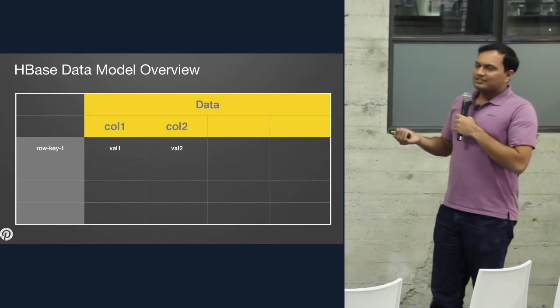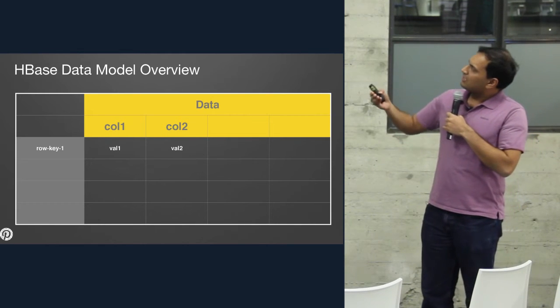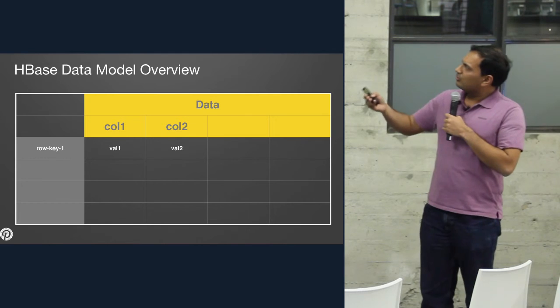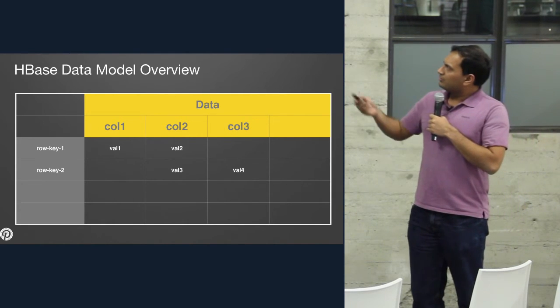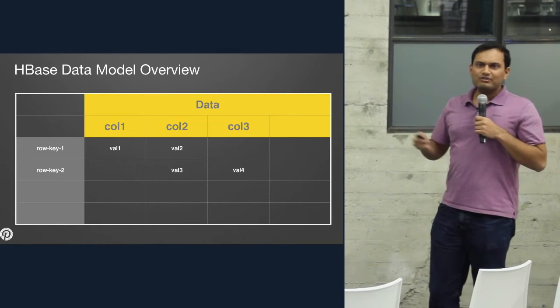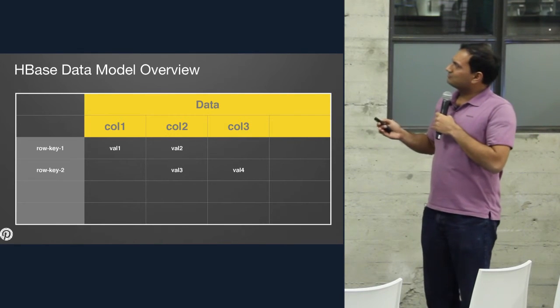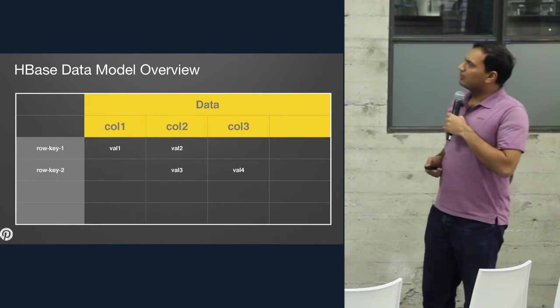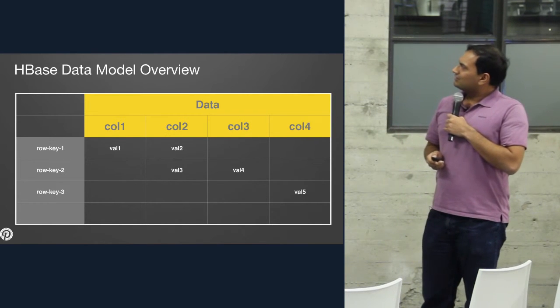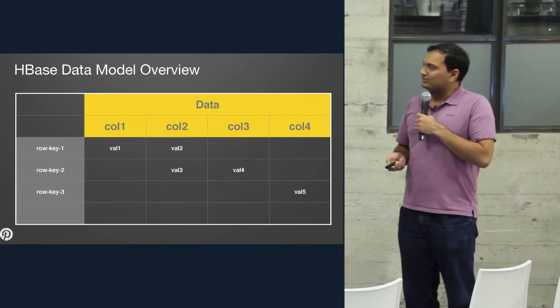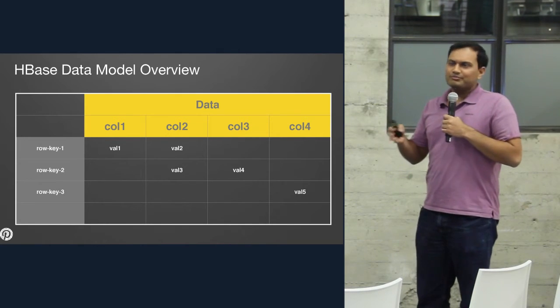For example, data is a column family here. It has a couple of columns and we have one row with a couple of values. Here's another row with a third column. You can add these columns on demand at will. Not every cell needs to be populated. That's where the sparse aspect comes from. So it's just a pretty simple key value with the notion of columns and column families.